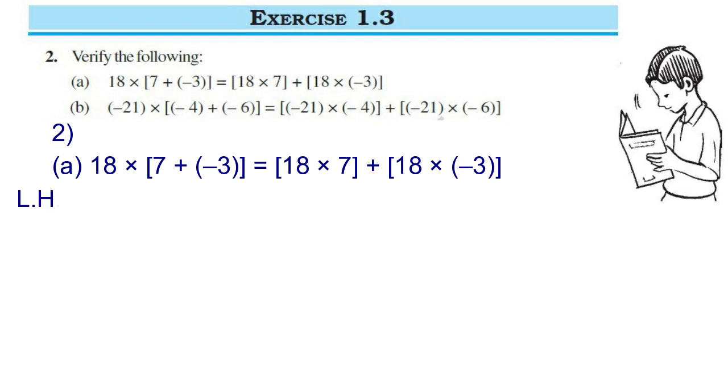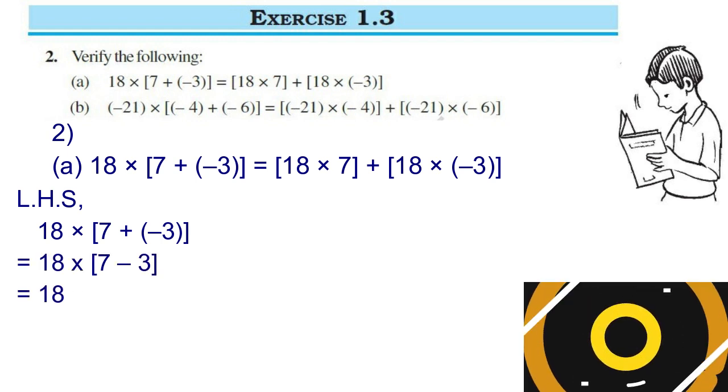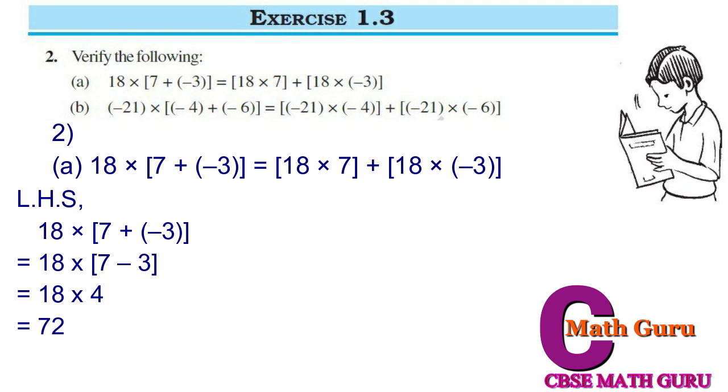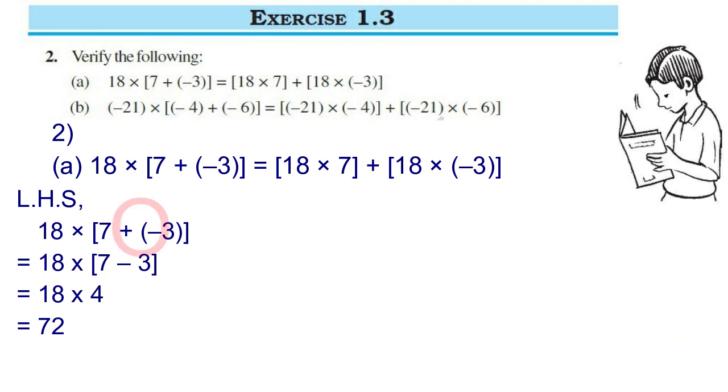18 into (7 plus of minus 3) equal to 18 into (7. If you want to remove the bracket, then we must multiply the signs plus and minus.